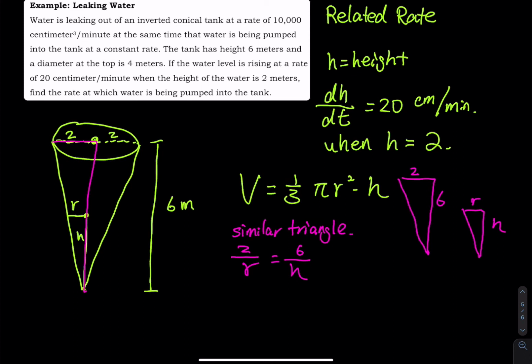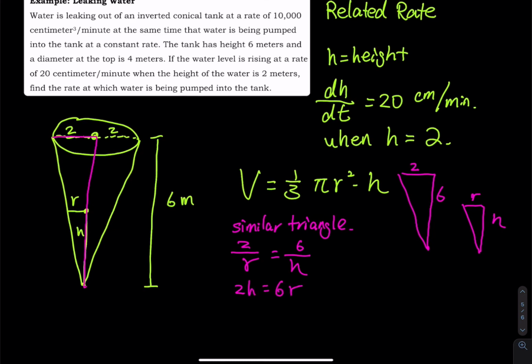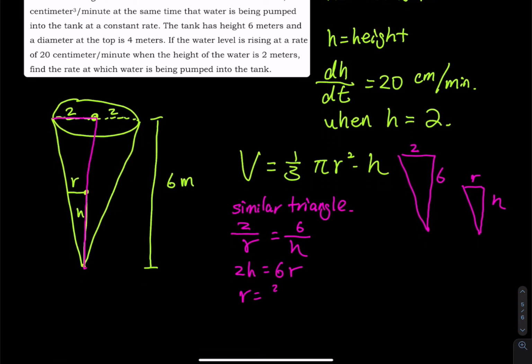First we cross multiply, so we have 2h equals 6r, and then r equals 2h divided by 6, which equals 1/3 h. So this is my r.